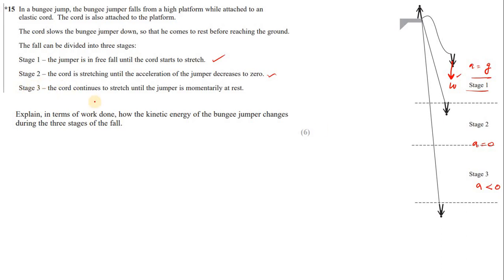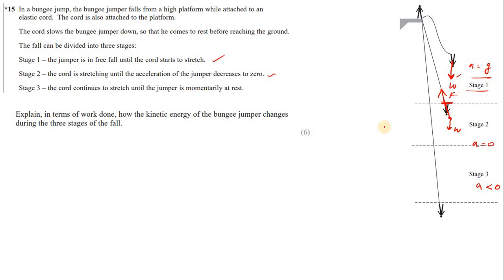In stage number 2, see what happened here. After that, in stage number 2, you can think like this. The cord starts stretching. Now the weight still acts down, but there is an additional force starting to act in the upward direction, which is the elastic restoring force.